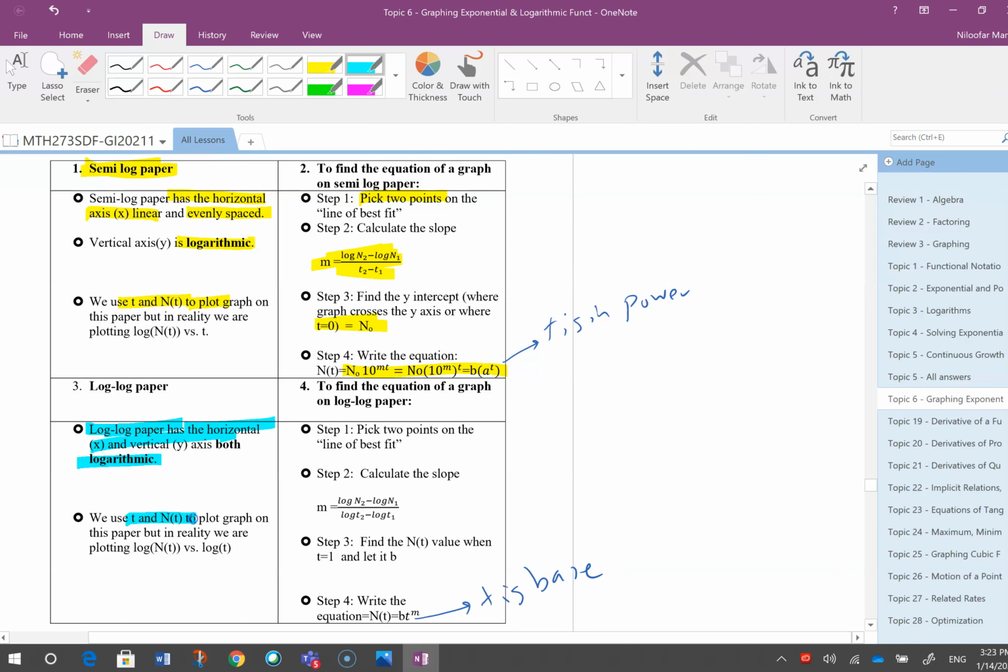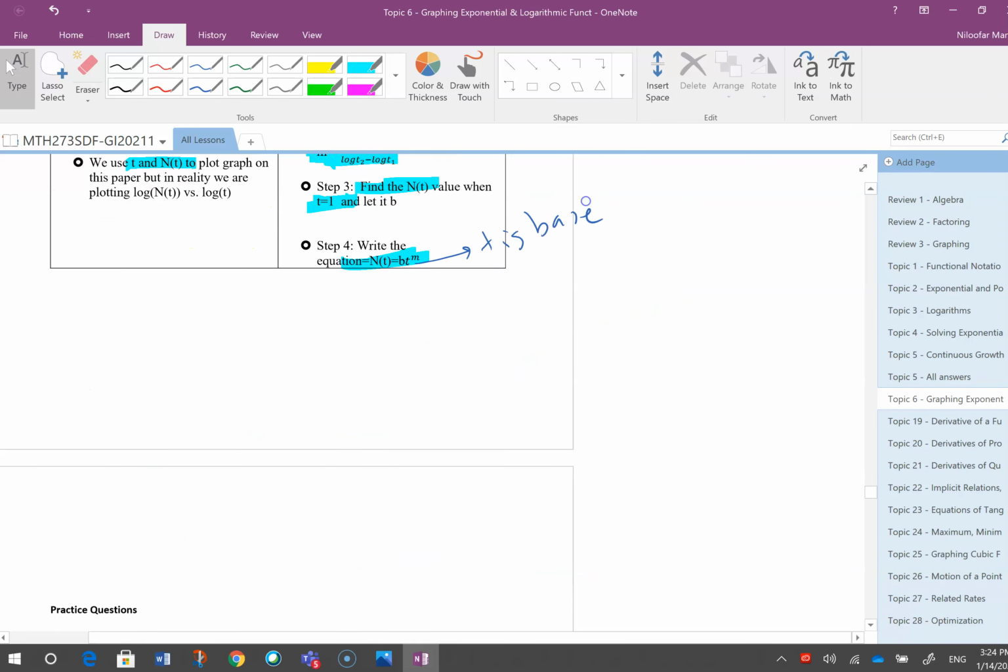You use them to plot them. Don't use logarithm, you use all the values the same as the table. Then you pick 2 points. Then you calculate the slope. You use nt, but for t equal 1, not 0. Make sure you don't mix it. Don't mix semi-log with log. And then you write the equation. This paper can be your reference. Okay, so do practice on it.